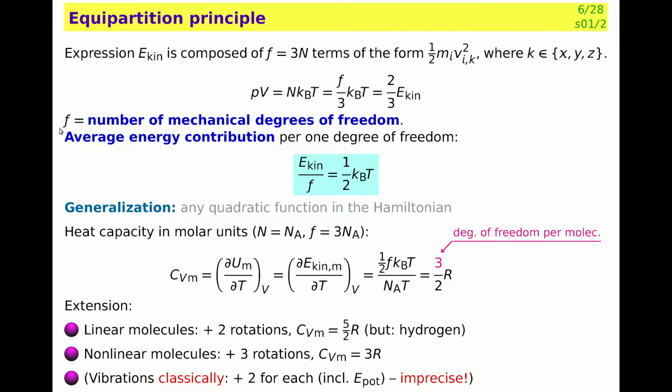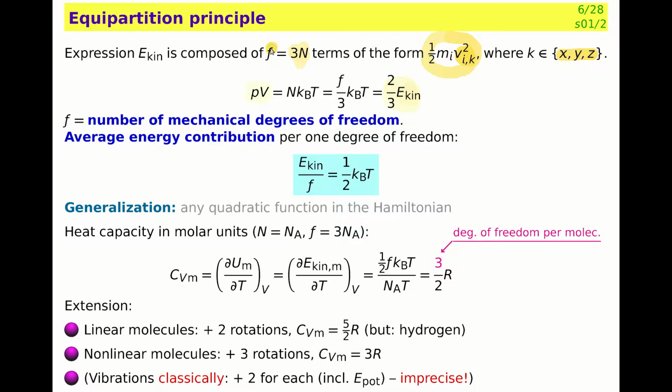Let's proceed with the equation of state again. We wrote the equation of state of ideal gas in this form. Here we have the kinetic energy of all n molecules. This energy is composed of 3n terms, which look the same. It's the kinetic energy in one direction of a molecule, that is 1/2 mass times velocity in one direction.